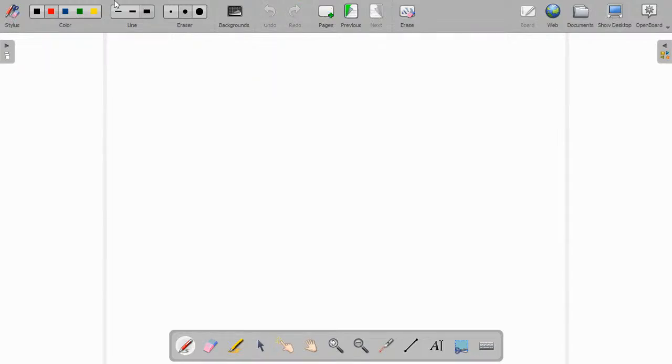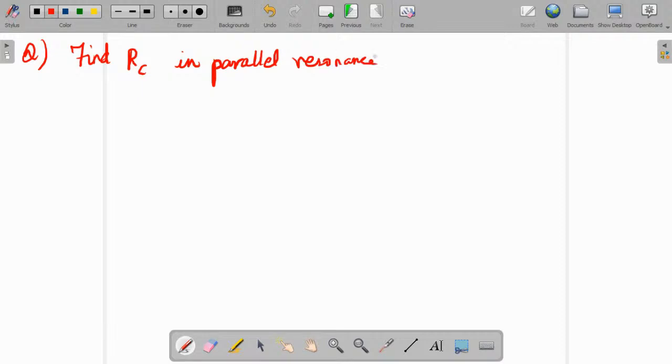Next question. Find RC in parallel resonance. In the circuit we have a resistor, an inductor, and a capacitor.